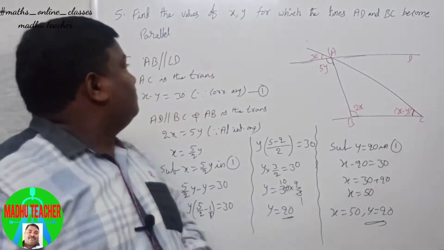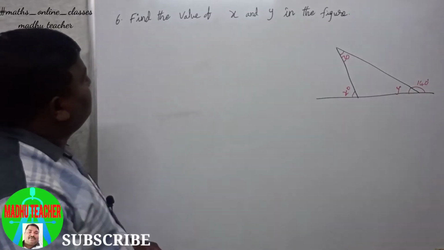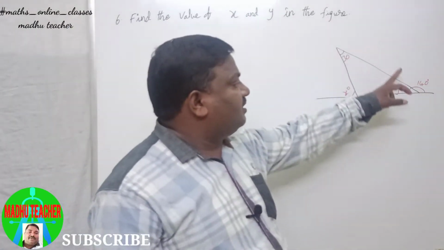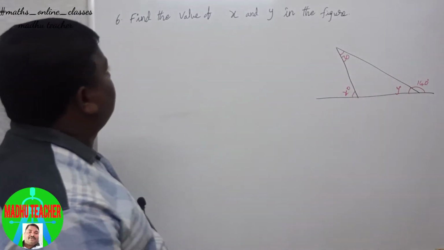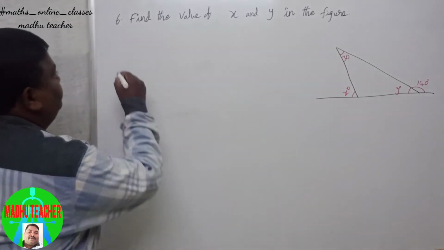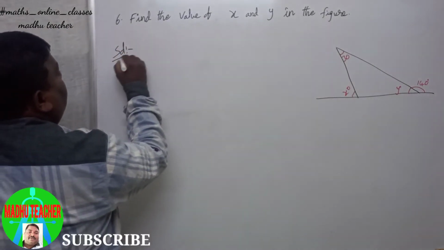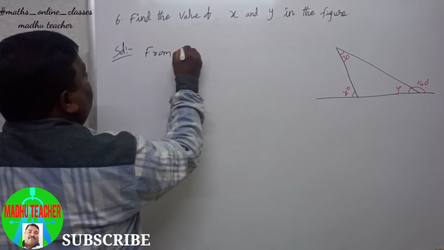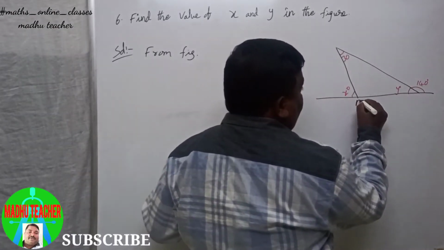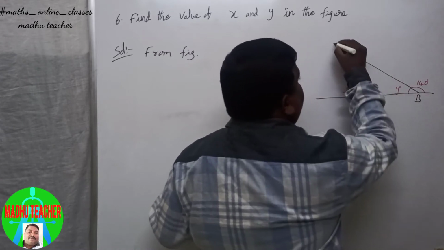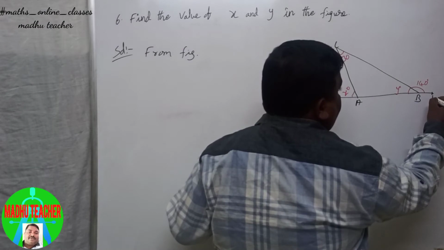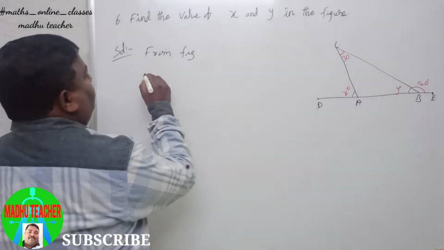Next, the sixth question is, find the values of x and y in the figure. So this is the figure, in which you have to find x and y. From the figure, let us take A, B, C, D, and E. What is given?